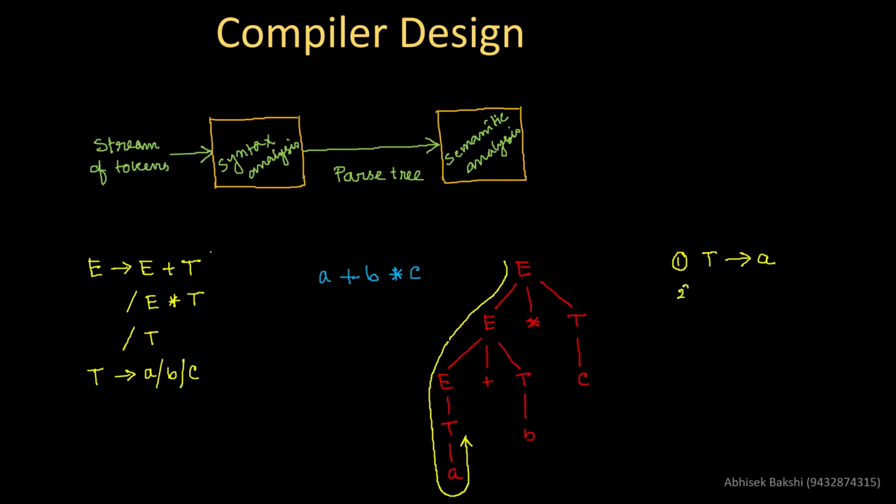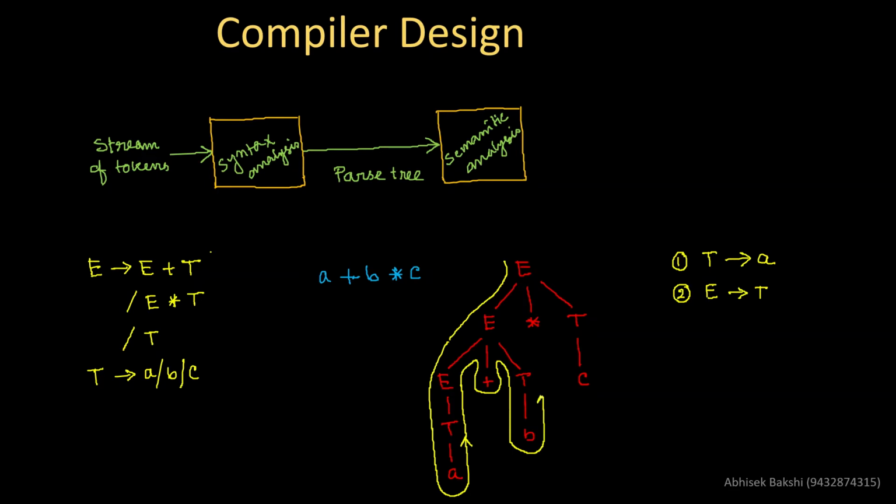Then next, we are going upward in this way, and now this T is reduced to capital E, right? So the second one that is required is E to capital T, this particular production rule. Then I will go upward again and see there is nothing to reduce, and then again I will go downward, seeing it is plus, nothing to do. Then again I will get a leaf node and I will start reducing.